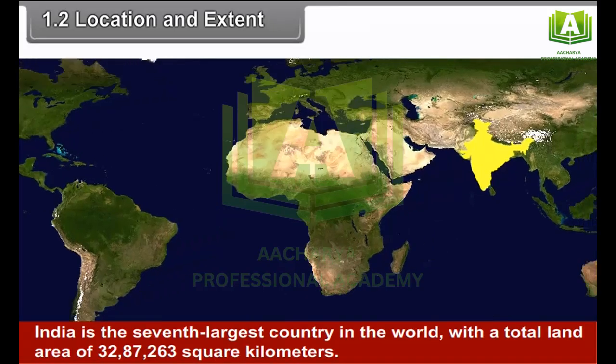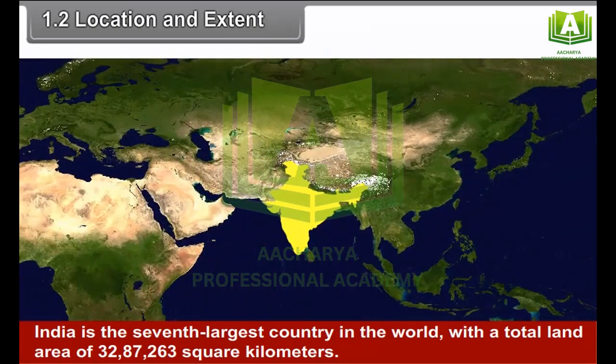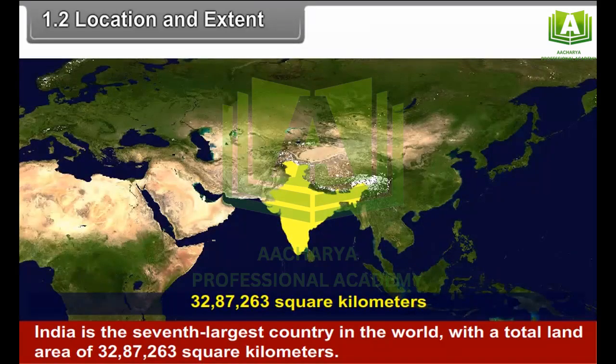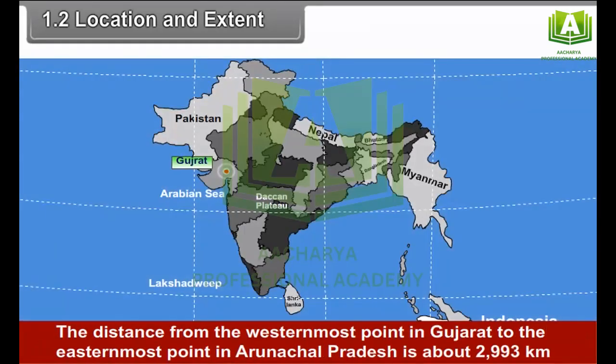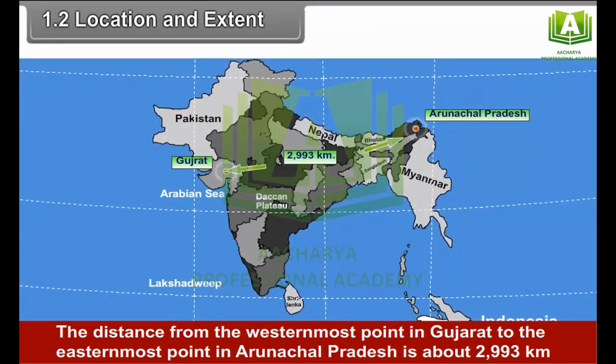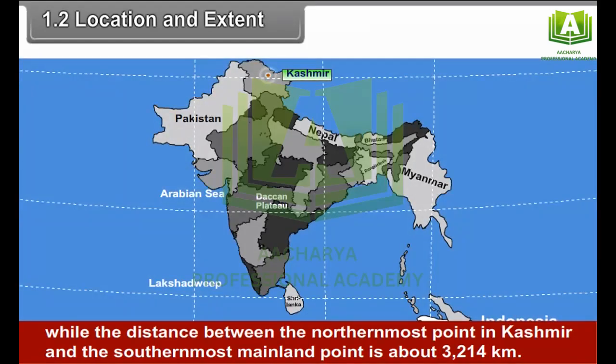India is the seventh largest country in the world, with a total land area of 32,87,263 square kilometers. The distance from the westernmost point in Gujarat to the easternmost point in Arunachal Pradesh is about 2,993 kilometers, while the distance between the northernmost point in Kashmir and the southernmost mainland point is about 3,214 kilometers.